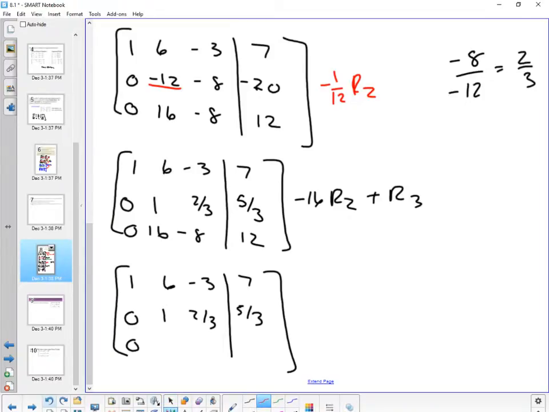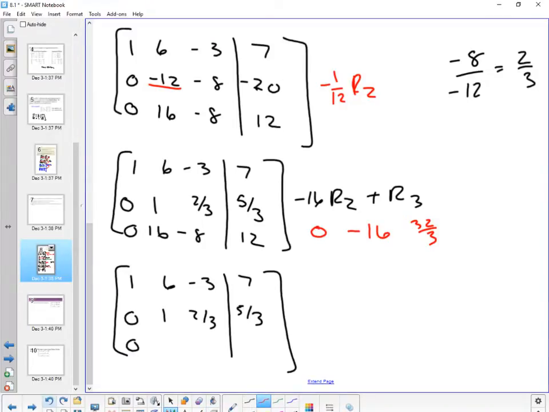Then 0, negative 16. 2/3 times 16: 2 times 16 is 32, so 32/3. That's gross. I feel like we messed something up, but we're going to keep going.